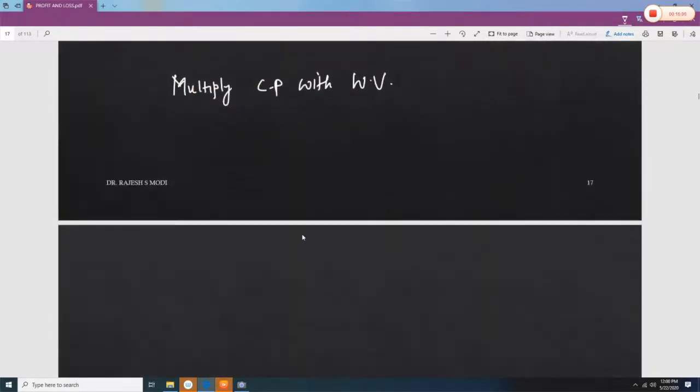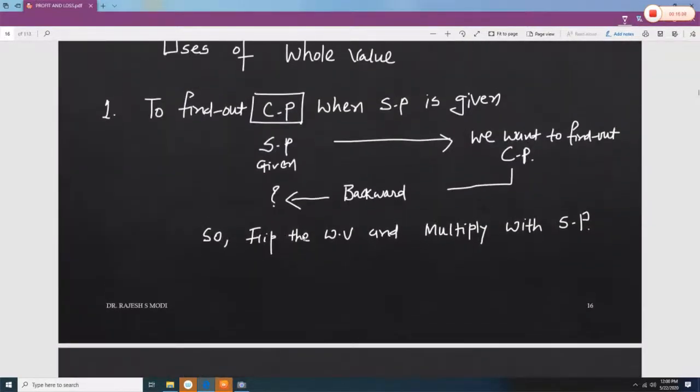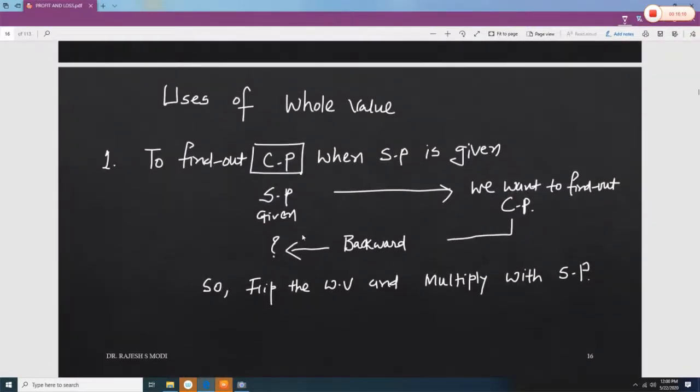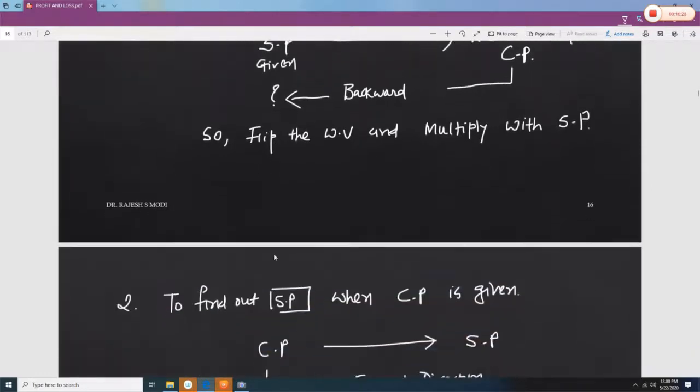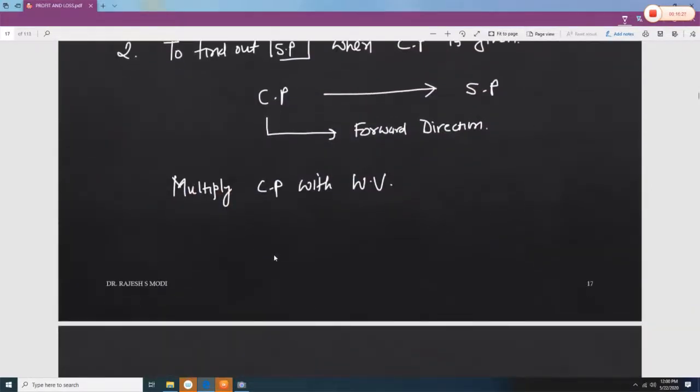Now what you need to understand: when you are calculating the cost price, whatever the whole value comes, let's say 5 over 4, then you have to flip this figure and convert it into 4 over 5 when you are going to find out the cost price. And when you are going to find out the selling price, the whole value, let's say 5 over 4, remains 5 over 4.